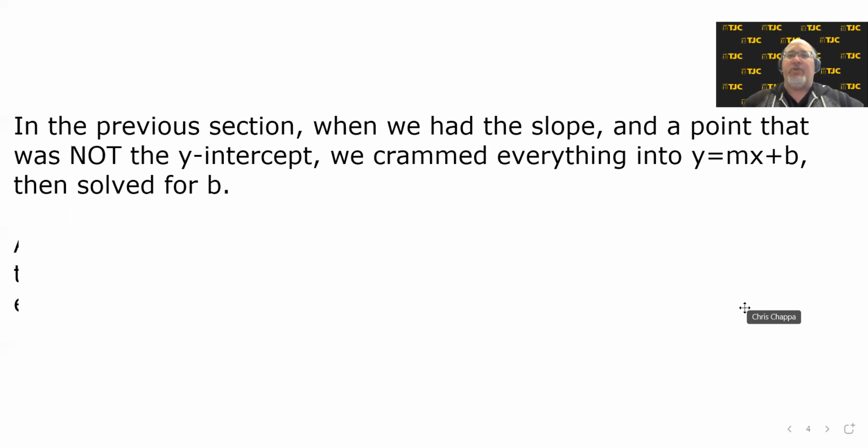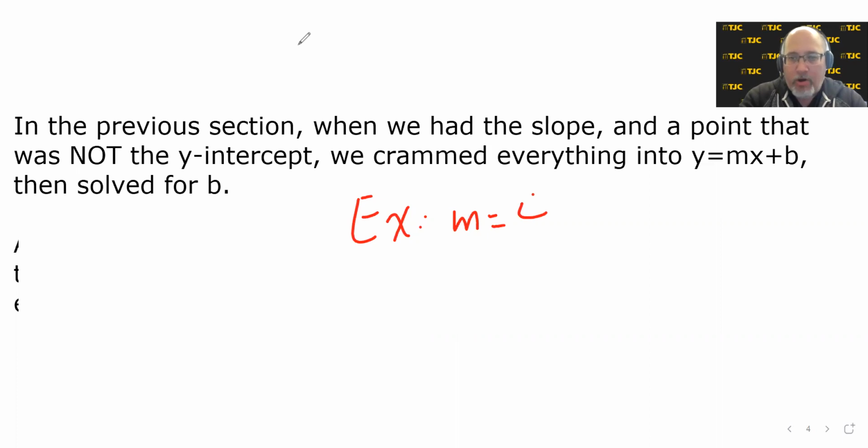In the previous section, when we had the slope and a point that was not the y-intercept, we crammed everything into y equals mx plus b, and then we solved for b. That will work, but the problem is when you insert the values into slope-intercept form, that doesn't give you the equation of the line. Just a real quick example. Let's say we had a slope of 4 and the point was (2, -5).